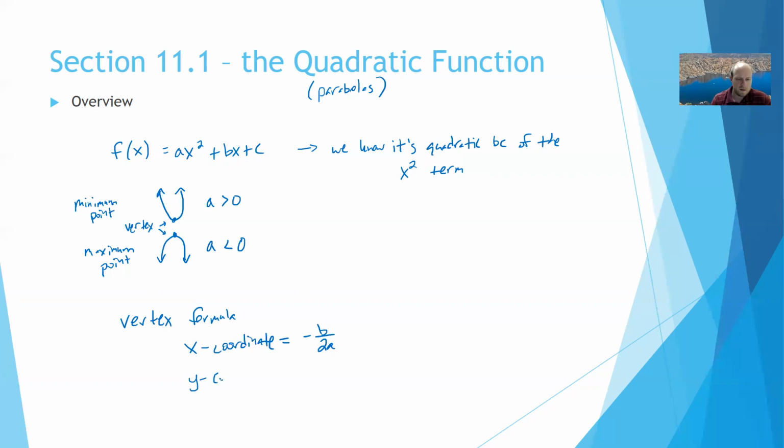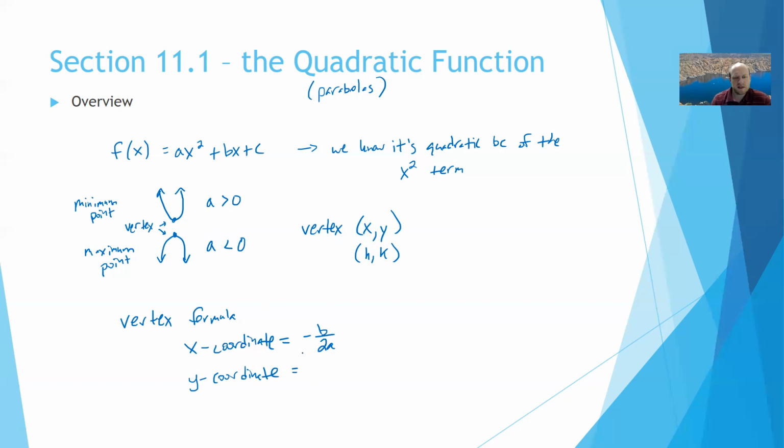Then the y coordinate of the vertex. The vertex is going to be an ordered pair, some point x comma y. In the notes they say it's h comma k, with the x coordinate being h and the y coordinate being k.